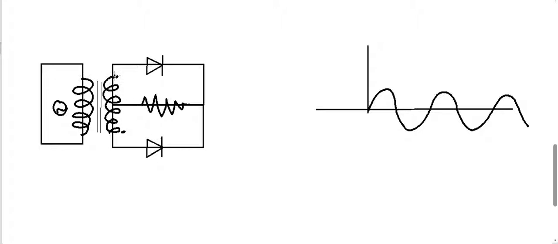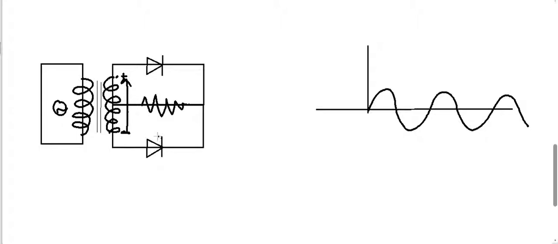Now suppose the potential varies like an AC current sinusoidally, and at time t equal to 0, this is at a lower potential and this is at a higher potential, and it starts to go like this. So when this is at lower potential, the potential increases in this direction.